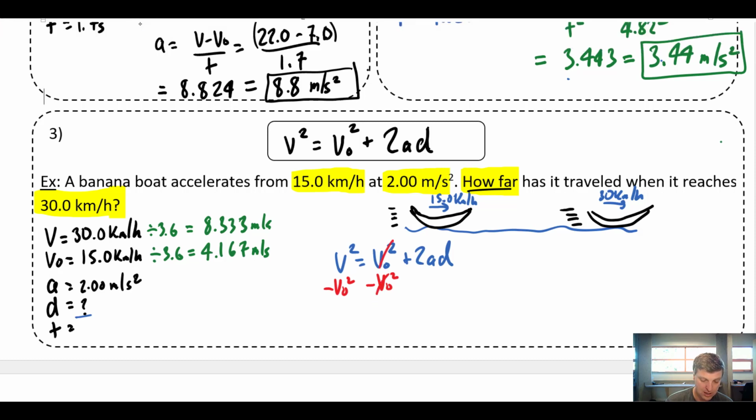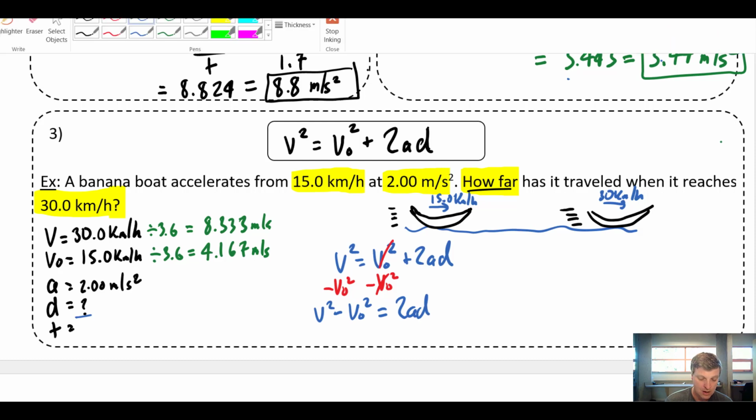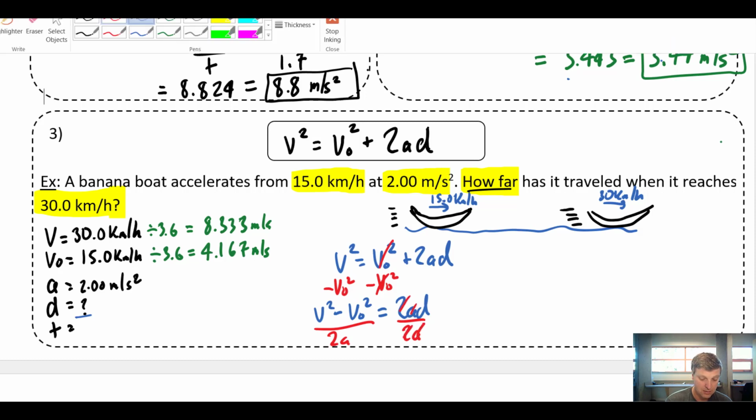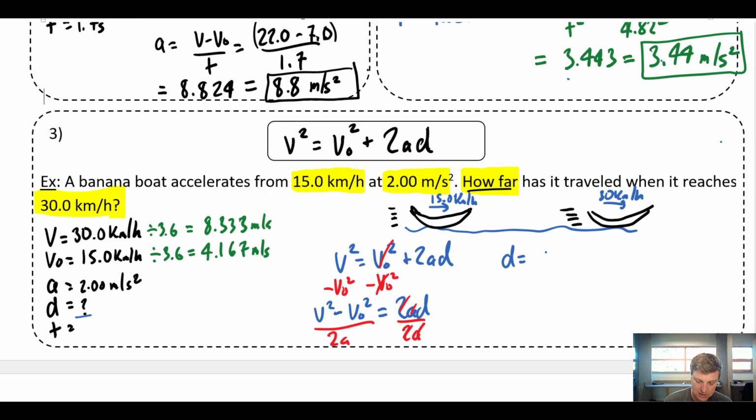And so I get v squared minus v naught squared equals 2AD. And now let's divide this whole thing by 2A. The 2 cancels, the A cancels, and I'm left with D equals v squared minus v naught squared divided by 2A.